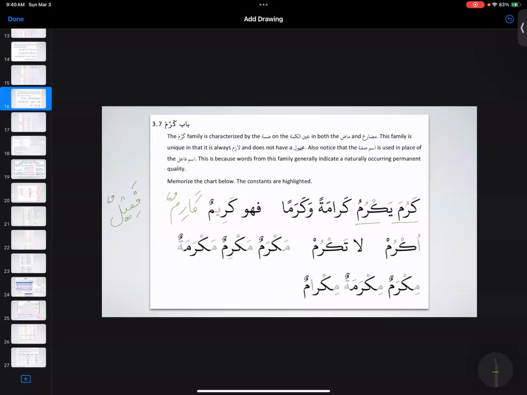For example, if we have the word kabura, yakburu, then the masdar is kibran, and then fahuwa kabirun. So karimun, fa'ilun.